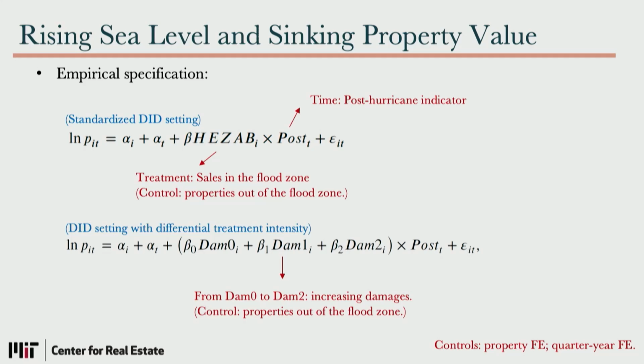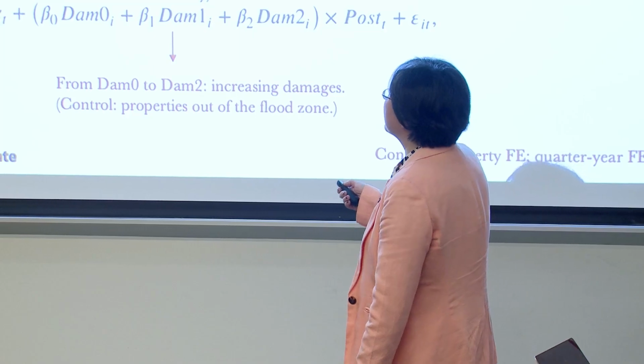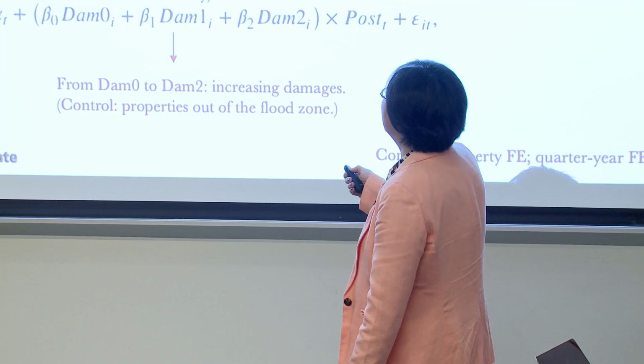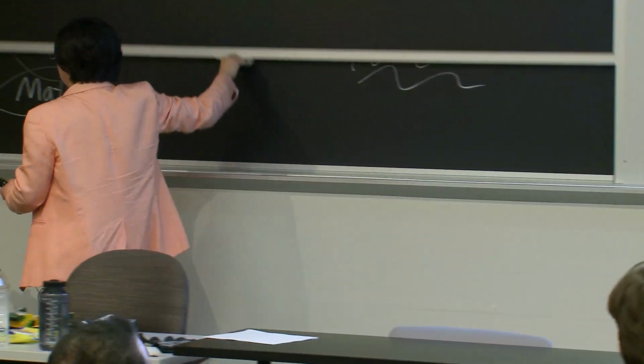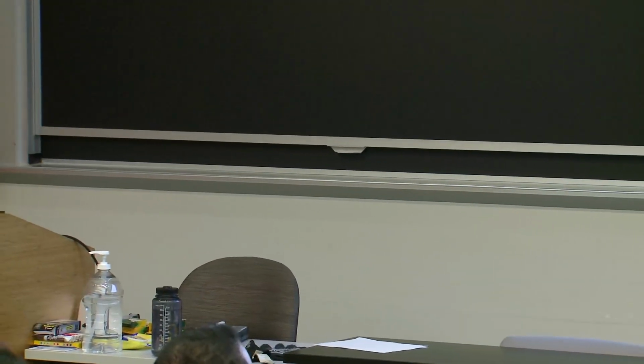Okay, so the algebra. Empirical specification, DID. Here the dependent variable is log P, and the variable names are very complicated. You just look at this dummy: treatment, cells in the flood zone, times post. I need a little bit of explanation of this, because otherwise, when you look at the paper, you get confused.